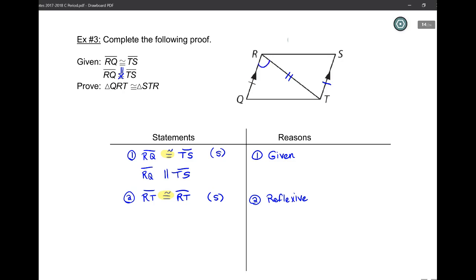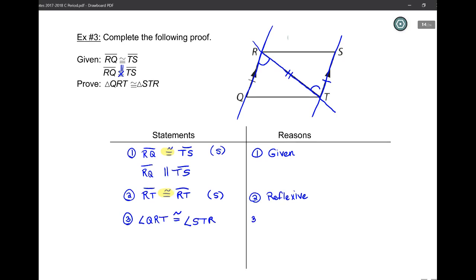This angle QRT is actually going to be congruent to angle STR. If you're looking at these parallel lines here, RT happens to be our transversal. So if we're thinking RT is the transversal, we can see those two angles are congruent. And so my reason is the alternate interior angles theorem.